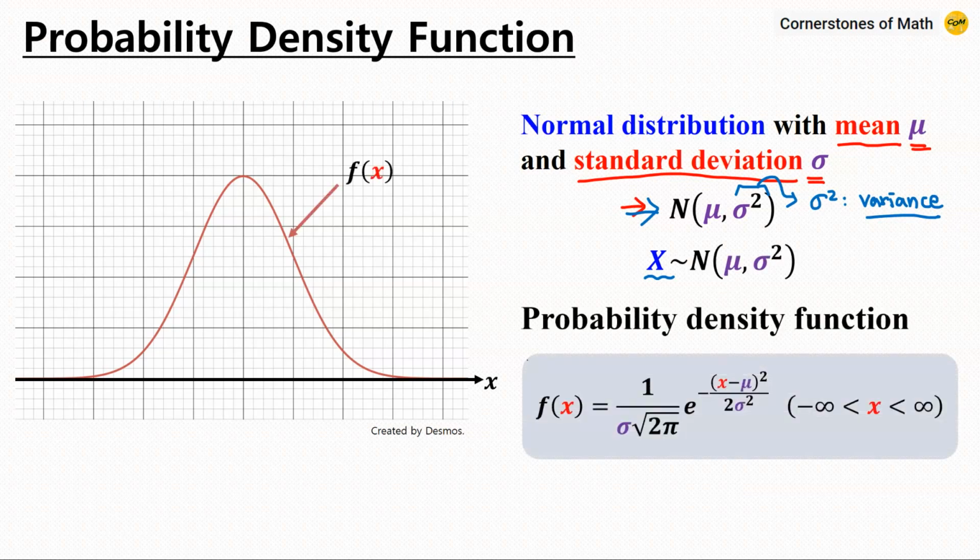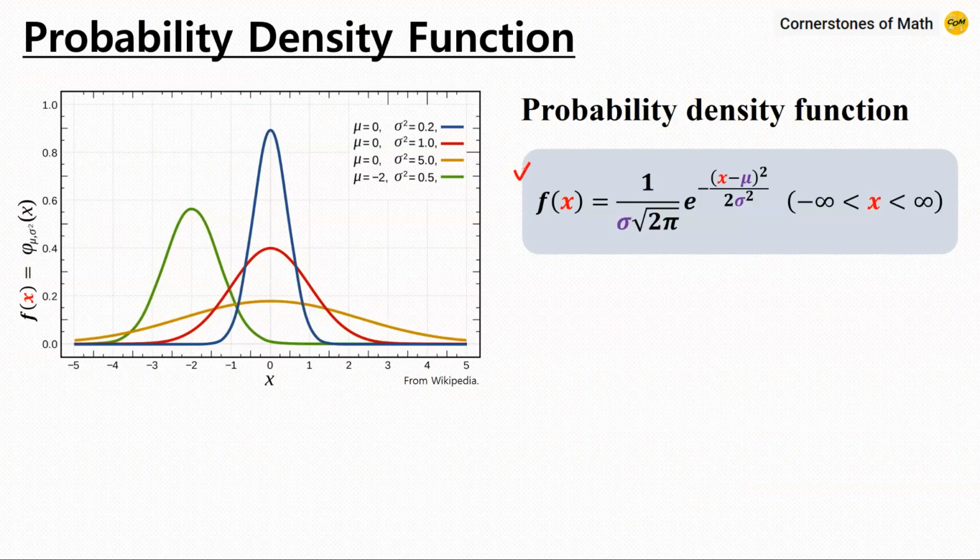The probability density function f(x) of the normal distribution is this: 1 over sigma times square root of 2 pi times e to the minus (x minus mu) squared over 2 sigma squared. Without translation and multiplied constants, it is essentially an e to the minus x squared kind of function. The function is symmetric with respect to x equals mu, the mean, where the function has its maximum value.